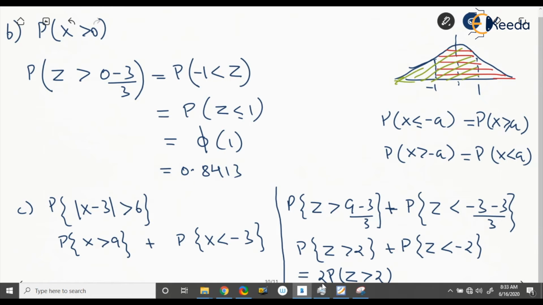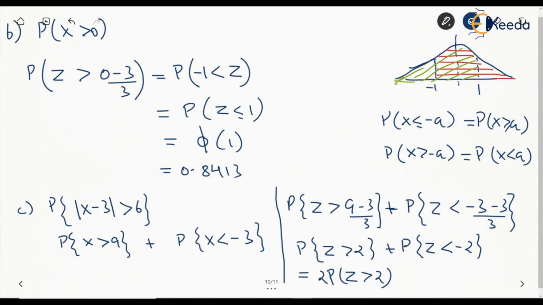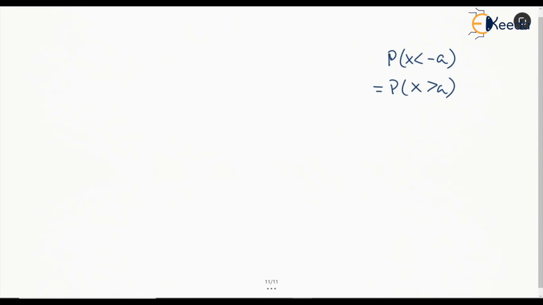And we have also studied that probability that x is less than minus a is same as probability that x is greater than a, and the value is 1 minus probability that x is less than or equal to a, or 1 minus phi of a, right?